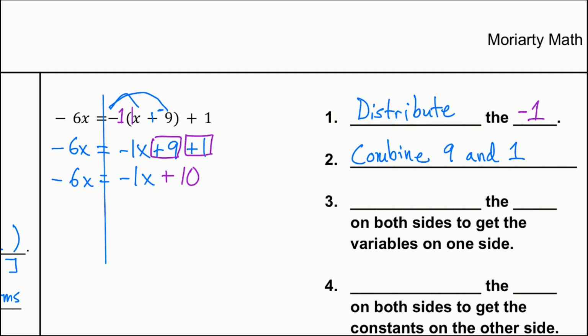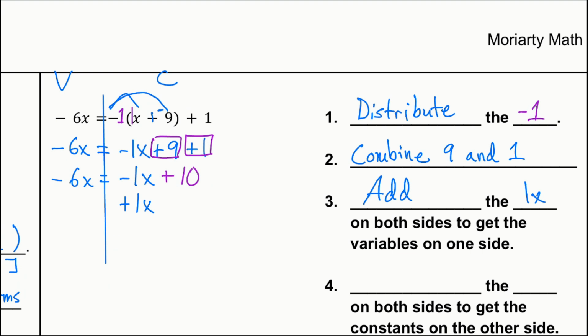After that, we need to get our variables on one side. So in order to do that, because my constants have already been set with the 10, the constant side is going to be the right, which means the variable side is going to be the left. So I need to subtract. No, I was wrong. You need to add 1x.